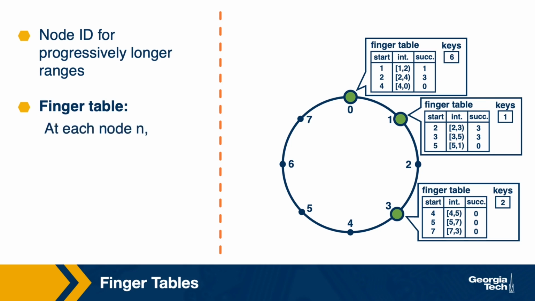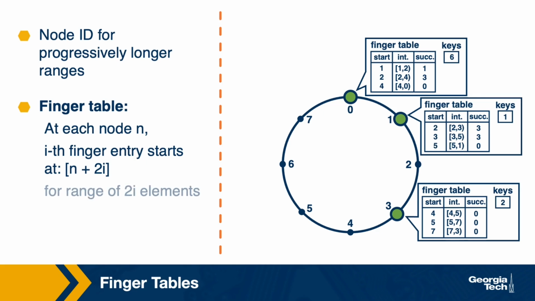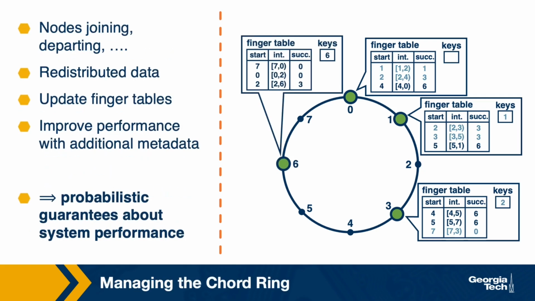At each node n, the ith entry in the finger table will have information about the key range that starts at value n plus 2 to the i, and that corresponds to a range of 2 to the i elements. By using finger tables, the lookup operation now, in most cases, can be reduced to O of log of n time.